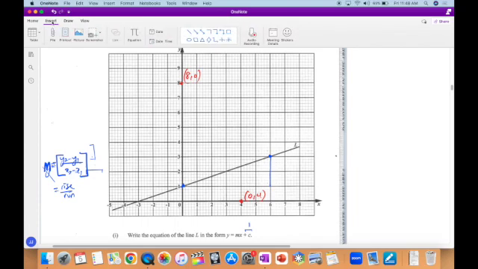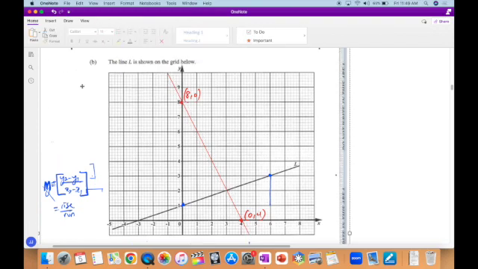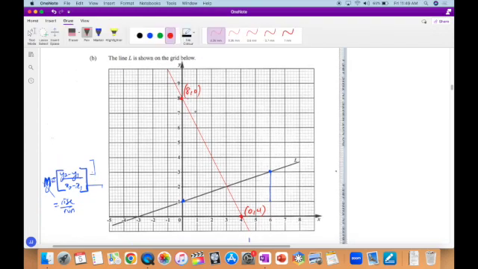And this will be our line Q. You should draw it all the way across your graph. And this is the line Q.